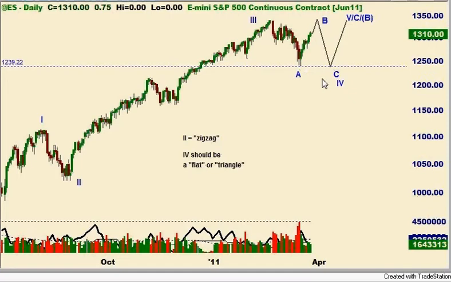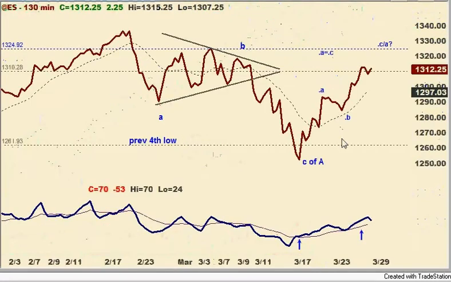If it doesn't, then we've probably got a larger scale correction, and my count is wrong. But again, if we do carve out a flat and we hold close to the March lows, then the target ideally is 1365 basis the cash on the S&P.